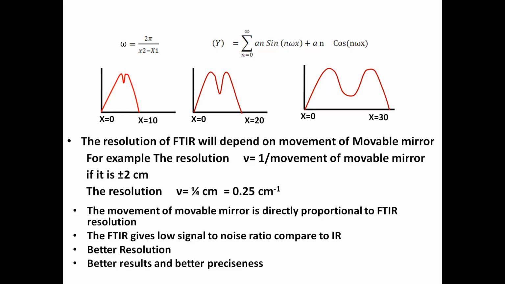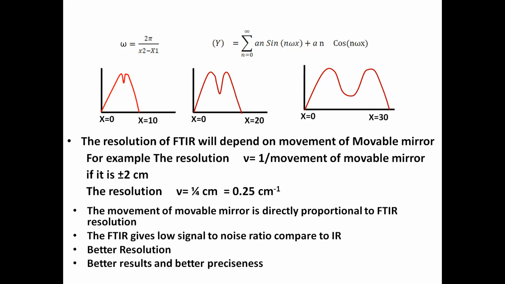If it is plus minus 2, what is this plus minus 2? Movement of the movable mirror means 2 centimeter ahead and 2 centimeter backward, back to the same position. So the total movement is 4. So your nu will be 1 upon 4, and your resolution will be 0.25 centimeter inverse.